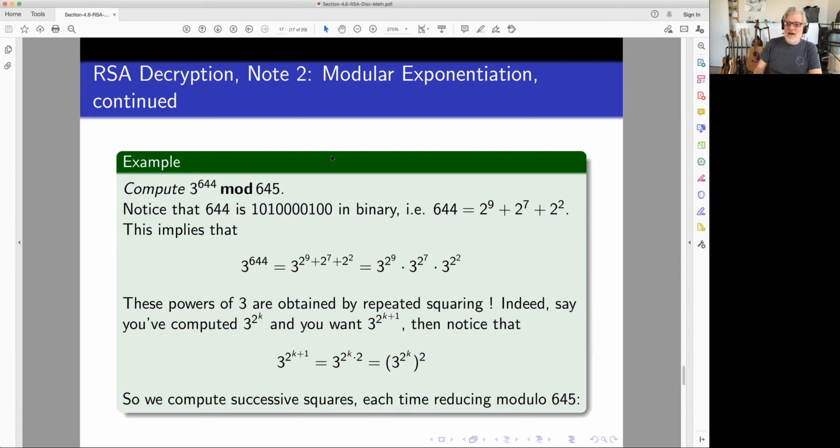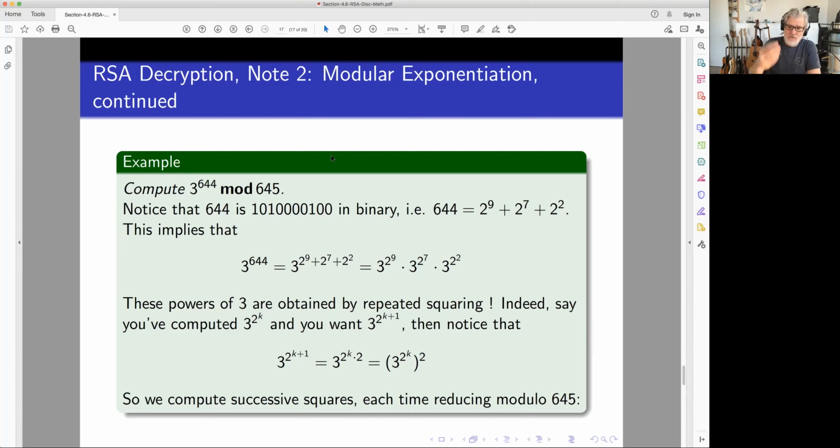Now, what is 3 to the power 2 power 9? It is 3 squared, all this squared, all this squared, it's a repeated squaring operation. That's exactly what this is, right?